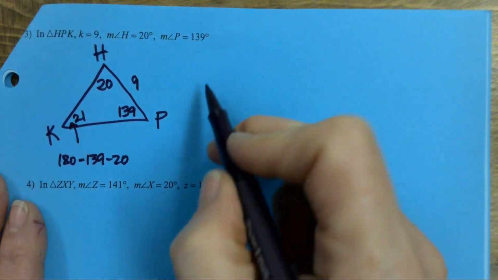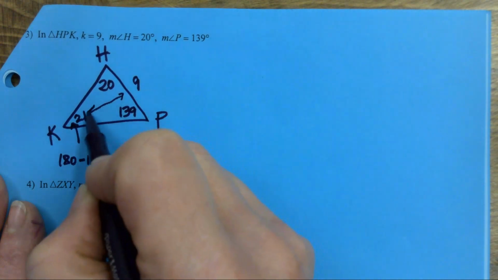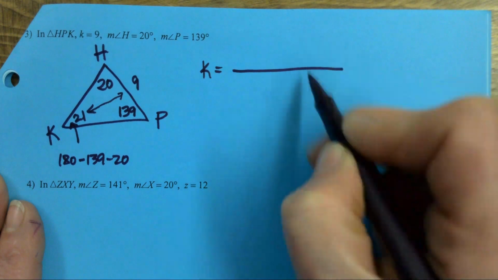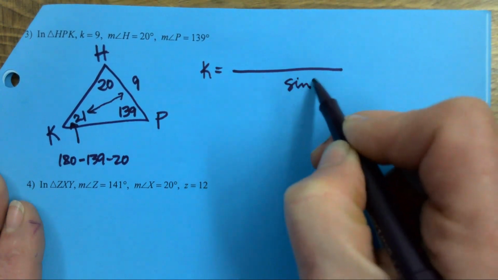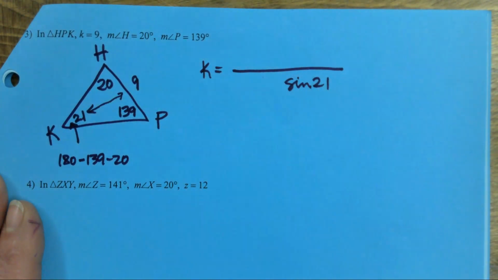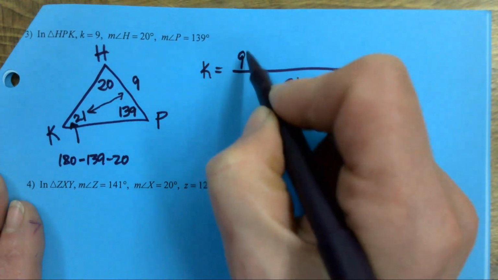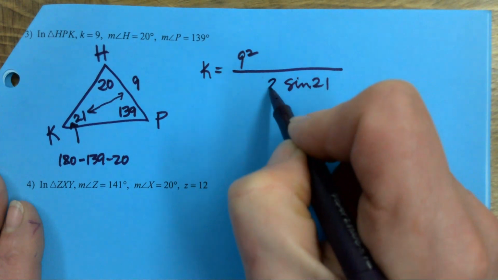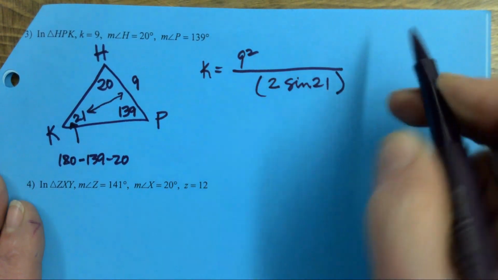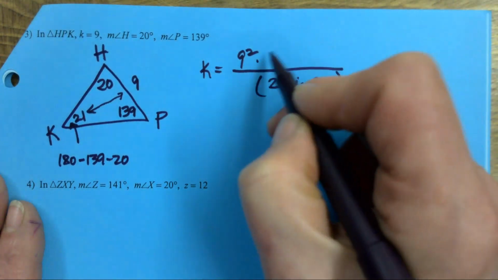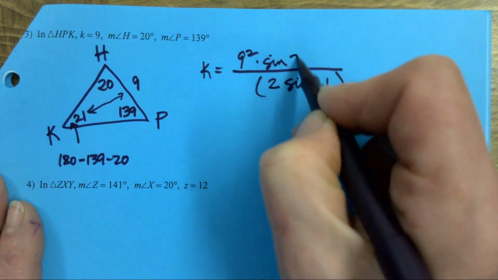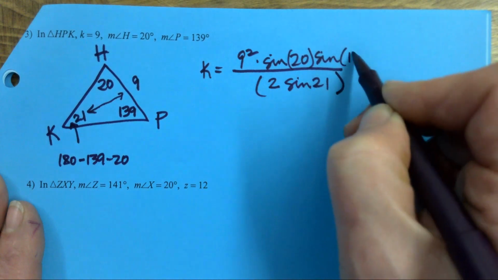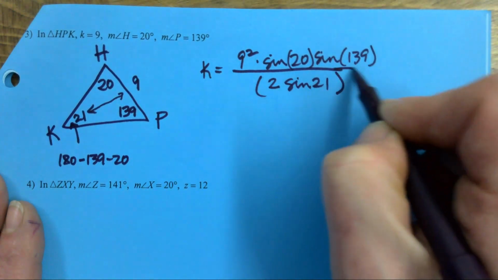So my 9 and my 21, when I do my setup, the sine of the angle has to go down on the bottom, and the 9 squared will go up on the top. I don't want to forget the 2. I don't want to forget my parentheses. And then I want to put in the other two angles. So the sine of 20 and the sine of 139. Not necessarily in any order. That part doesn't matter.